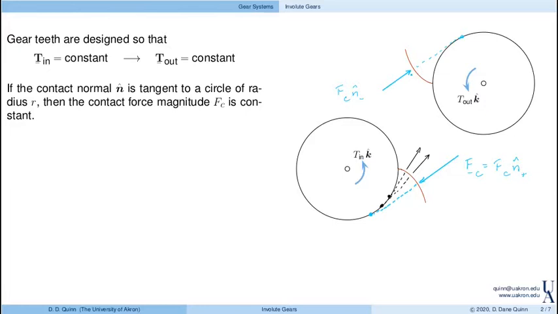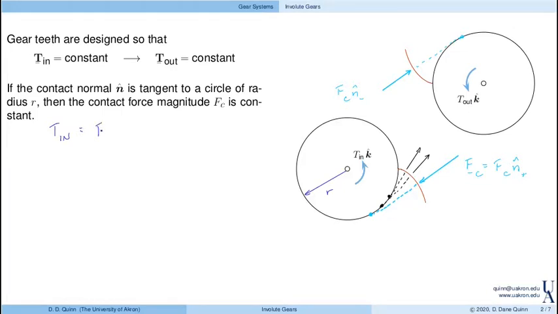So what? Well, if the contact normal is tangent to the radius r, and here, let's say that the radius of this circle is r, then the contact force magnitude is constant. So if Tn is the magnitude of the input torque, then that's going to be balanced out by this moment produced by the contact force.